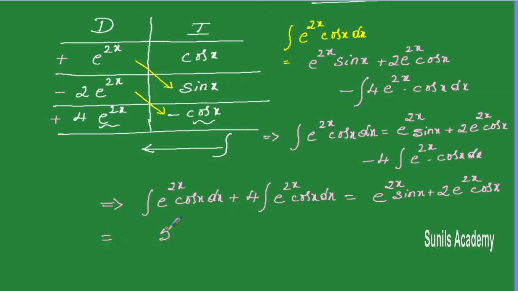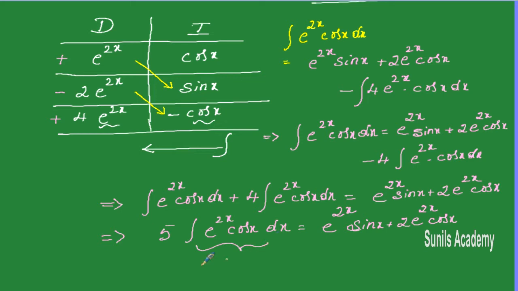5 times the integral of e to the power of 2x into cos x with respect to x must be equal to e to the power of 2x into sin x plus 2 into e to the power of 2x into cos x. Then what we need? This integral, isn't it?